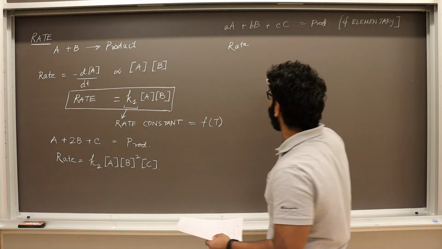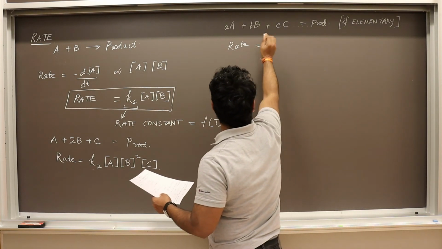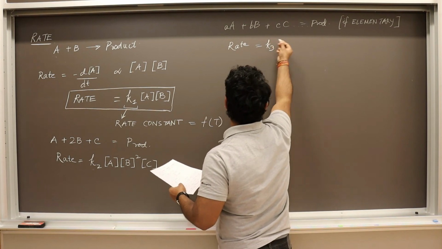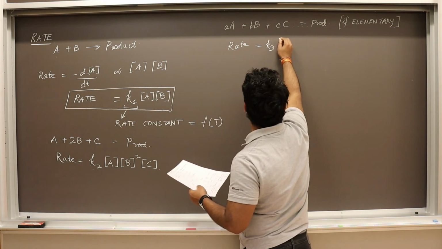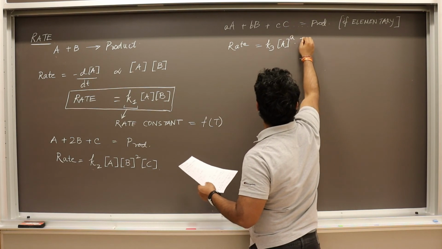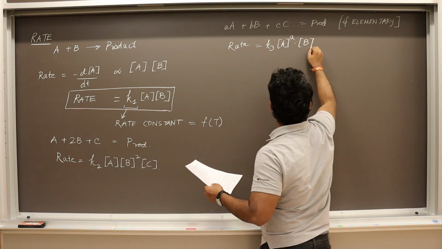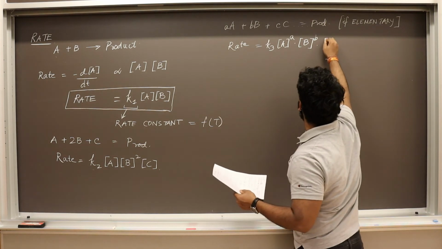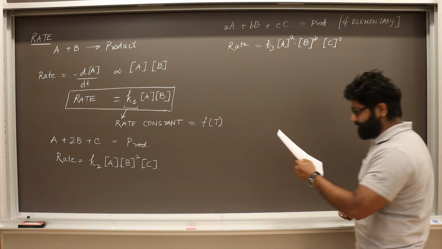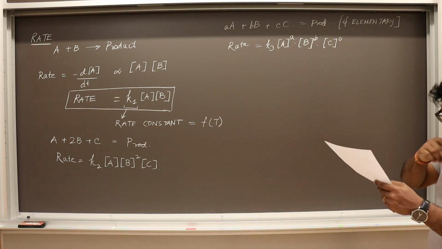This is only true where this represents an elementary reaction. So we know this will become some rate constant, A raised to the power of the stoichiometric coefficient of A, B raised to the power of the stoichiometric coefficient of B, and C raised to the power of the stoichiometric coefficient of C. Okay, so this is how it is.